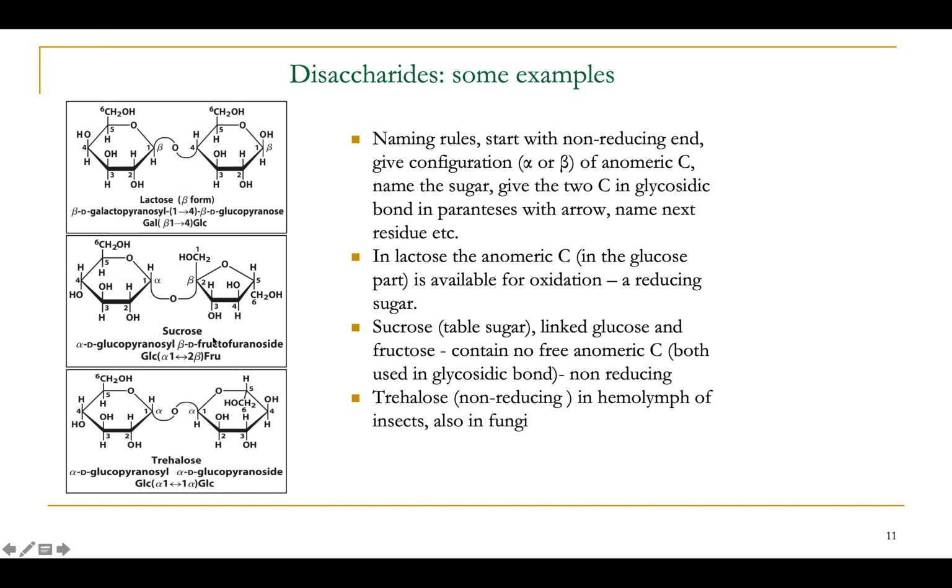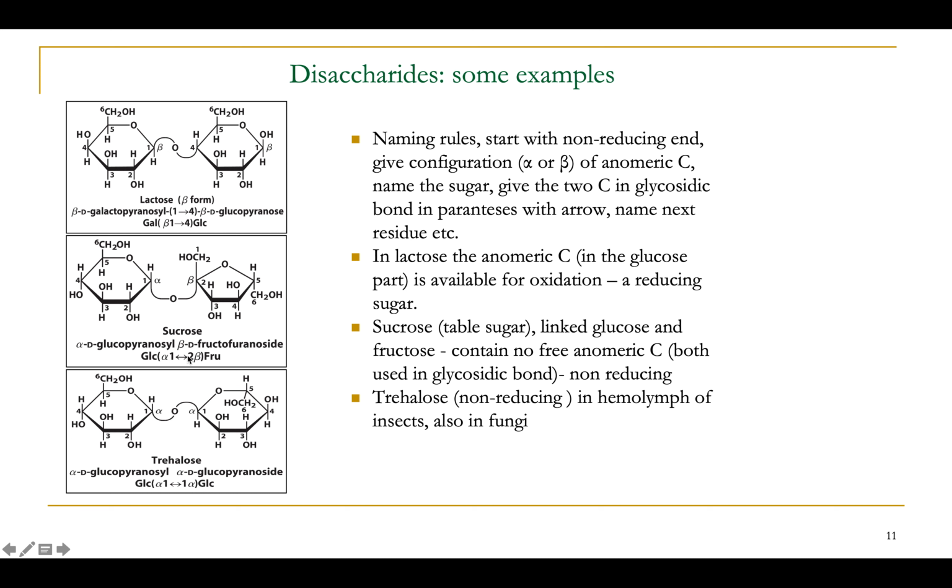Another example is sucrose. Sucrose is a condensate between D-glucopyranose and D-fructofuranose. In this case, the glycosidic bond stretches from one anomeric carbon to another anomeric carbon. In this case, both residues are non-reducing, and consequently this sugar will be a non-reducing sugar.